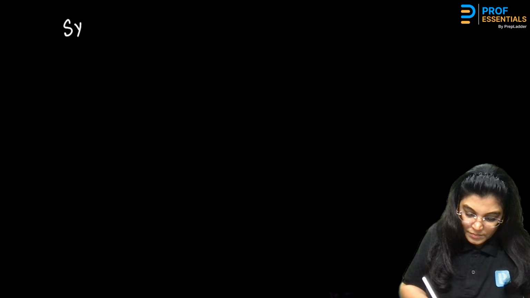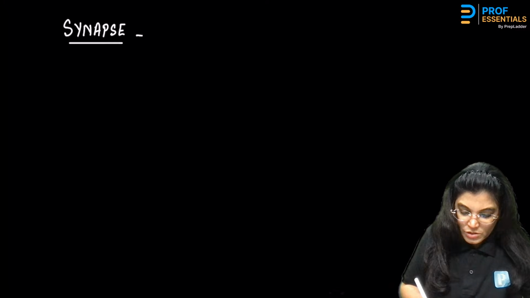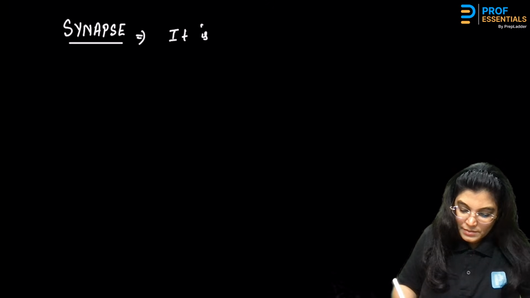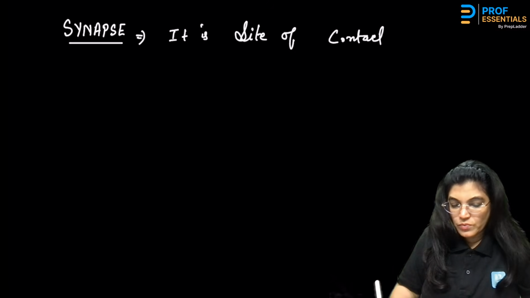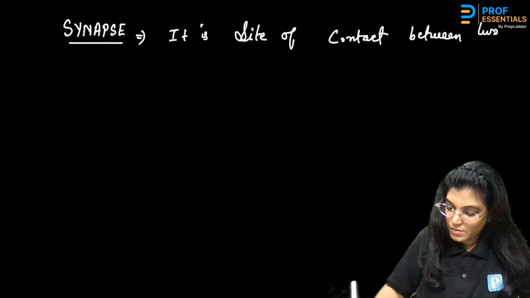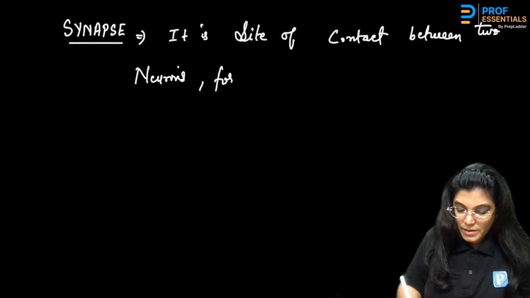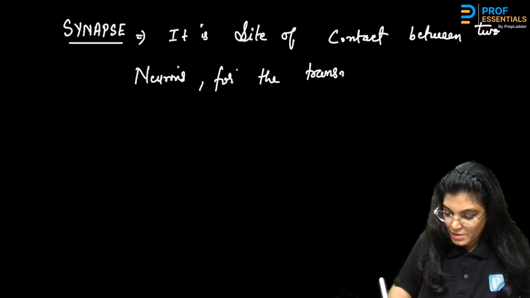First thing is, what is synapse? It is the site of contact between two neurons for the transmission of information.